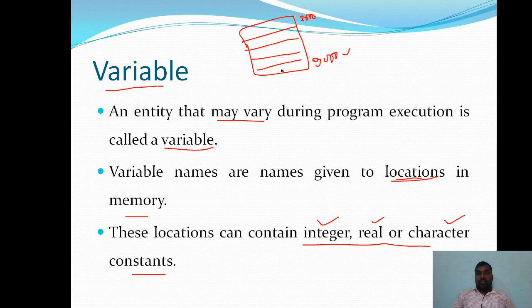If I want to store an integer constant 1 here, that value can be retrieved by using a name, say x. Now this x is a variable that can store value 1 at address 9000. So x is nothing but the name of this memory location.